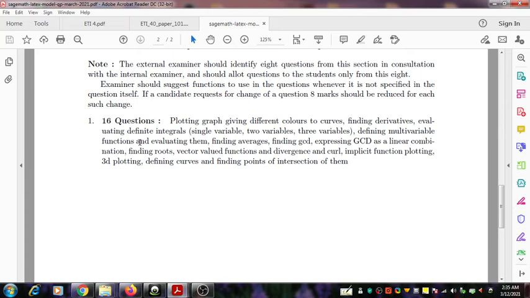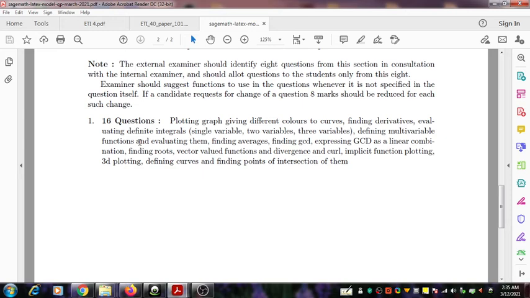So plotting of graphs or curves in general, using different colors, and finding derivatives, evaluating definite integrals. Then integration of different types, single variable, double variable, or triple variable type integration can be expected.